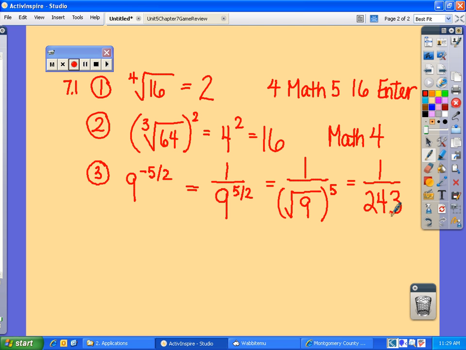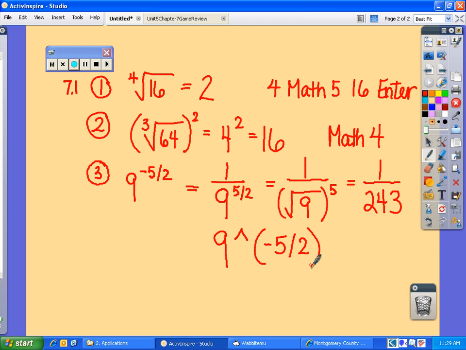Again, if you are checking in your calculator, because there are no variables in this problem, you could do this purely by calculator, and you would do 9 and use the caret to raise it to the power, and then make sure, as always, that we put fractions inside parentheses for use in our calculator.